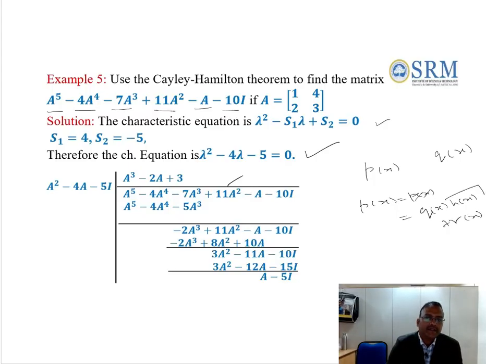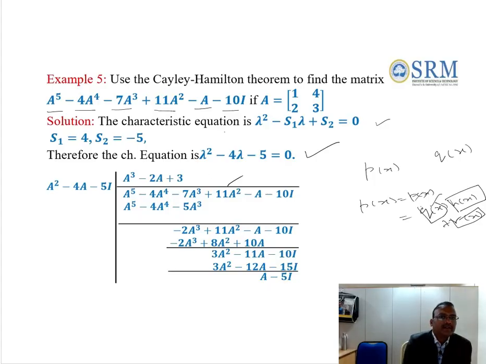Here h of x is the quotient, q of x is the divisor, and r of x is your remainder. By using this algebra, we can write the given polynomial as divisor into quotient plus remainder.